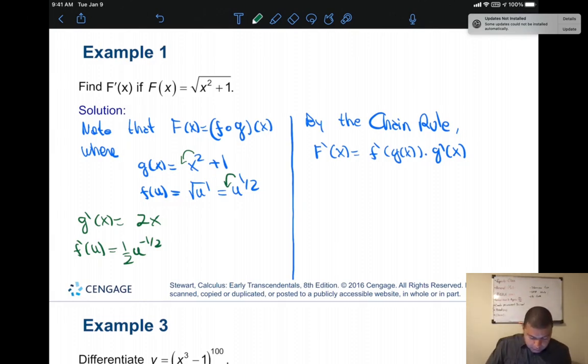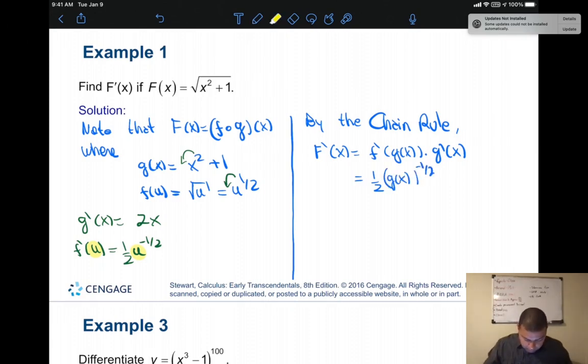So back to the right side, this is f prime of g of x, so I go on f prime, which is what I just found, and I plug in g of x into u, so that's going to be 1/2 g of x to the minus 1/2, right?